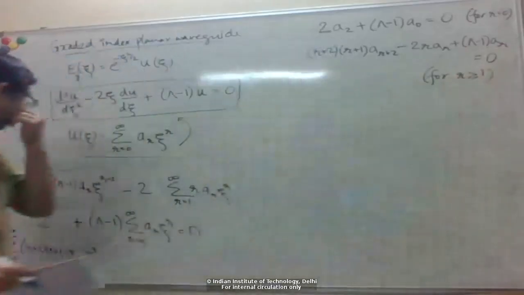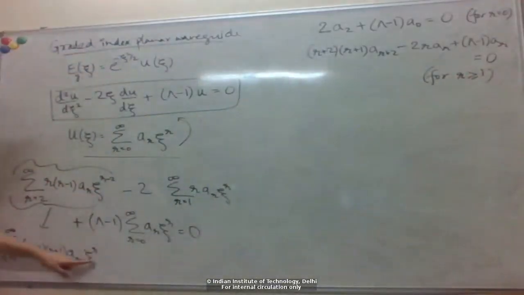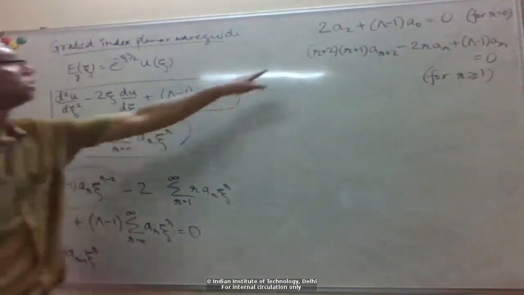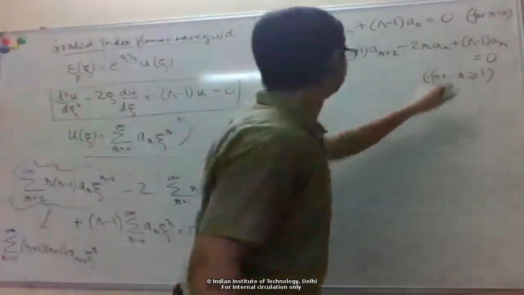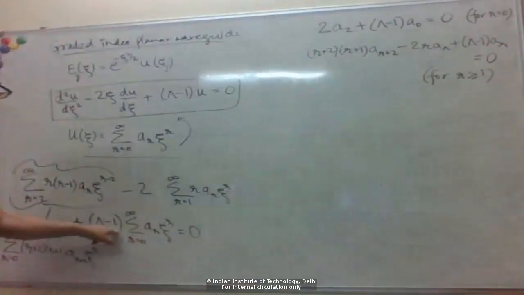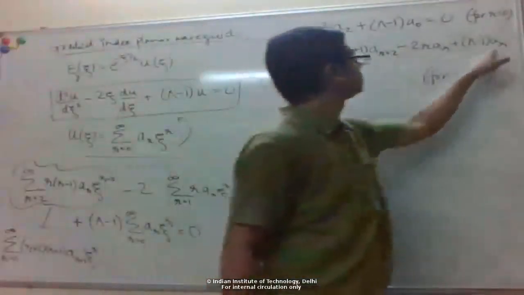Right, so we just look at the coefficient of psi to the r, right? So the coefficient of psi to the r here is r plus 2, r plus 1, a r plus 2. Second term here is 2r times ar, and here it's lambda minus 1 times ar. Plus.